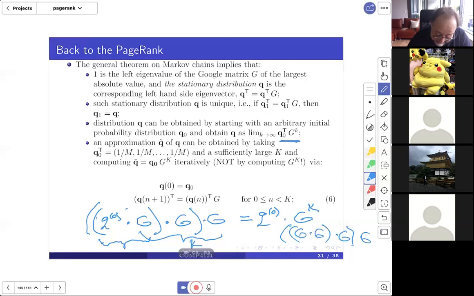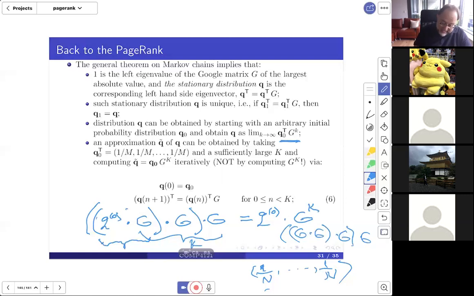So what does Google do? Well, they start with 1 over n, where n is the number of web pages on internet. So these are all extremely small numbers, so one has to be very careful not to get underflow. Now this is smaller than probably 1 over a trillion. So all coordinates are very small and you have to be careful when you do your multiplications.